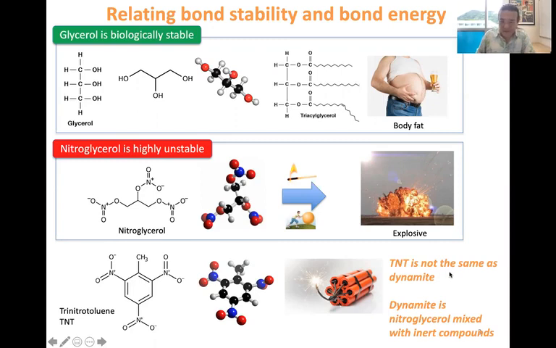I think I always thought TNT and dynamite were the same thing. Dynamite is actually nitroglycerol mixed in with different inert, non-reactive components to mellow it out, if you will. I think originally dynamite was nitroglycerol mixed with different types of sand and things like that to stabilize it. So that's just a little bit of trivia.